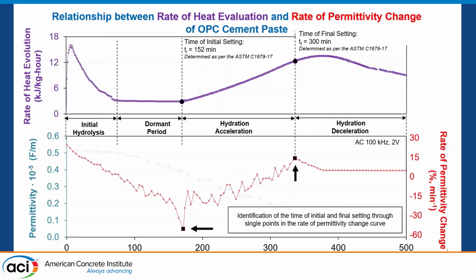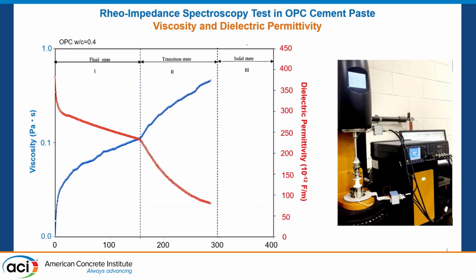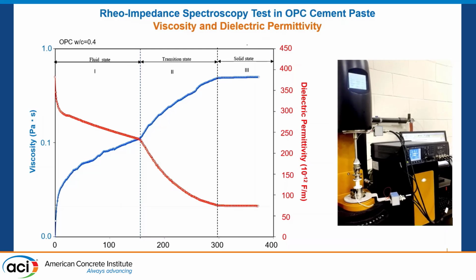In the next slide, I will show you the curves of the viscosity through the hydration time and the dielectric permittivity through the hydration time. The viscosity curve is the blue curve, and the dielectric permittivity is the red curve, obtained using the hybrid rheometer, which was connected to the impedance analyzer.